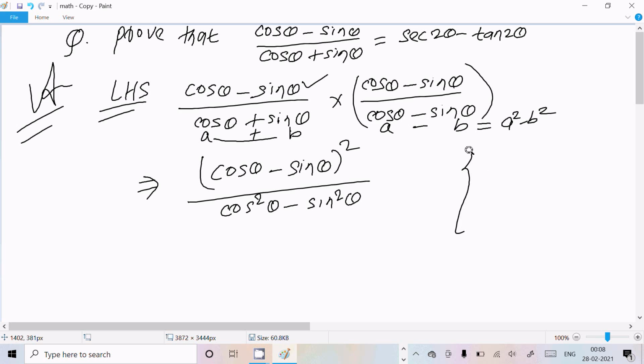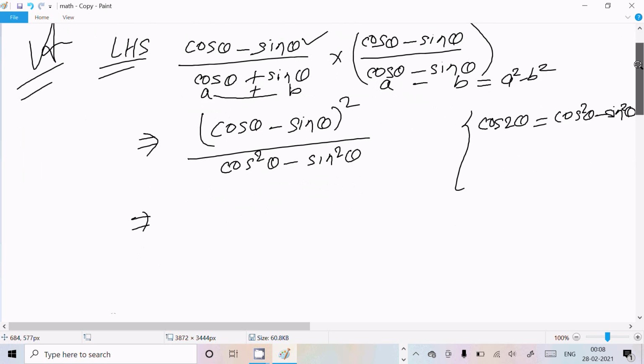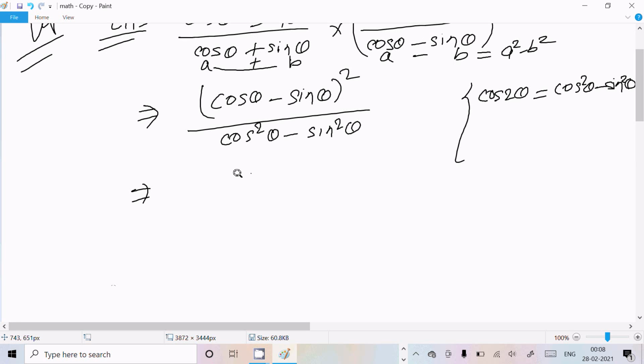There is a formula that cos square theta minus sin square theta equals cos 2 theta, so in place of this we can write cos 2 theta.